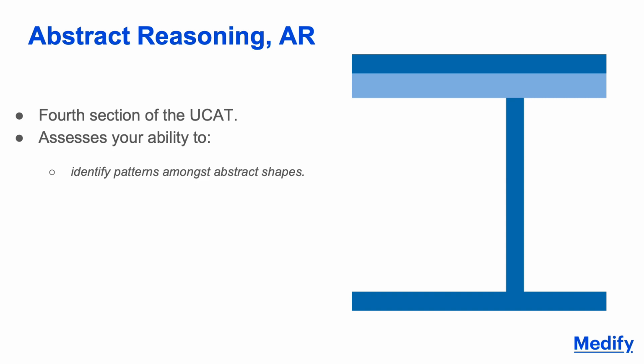Thus, it is an important skill to recognize similarities, but also key differences between diseases, so that one can correctly diagnose their patients. We'll talk a bit more about this in a later tutorial. In this section, you will have to answer 55 questions in 13 minutes. There are 4 question types: set A, B, or neither, complete series, complete statement, and set A or B.